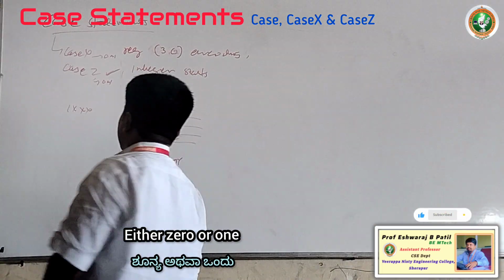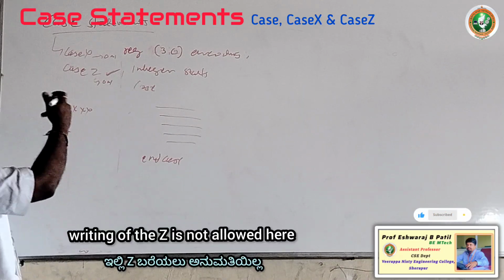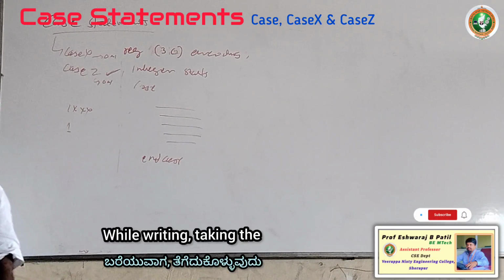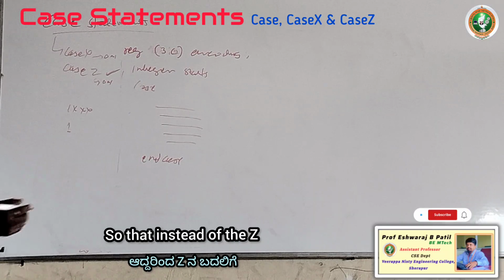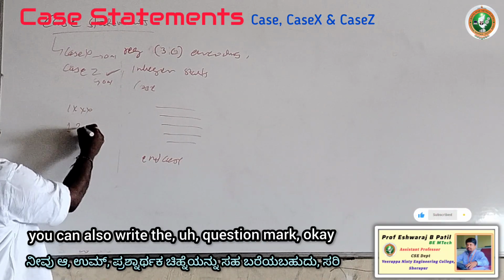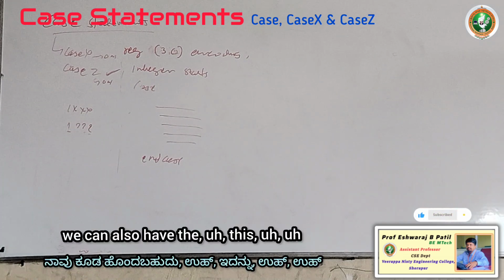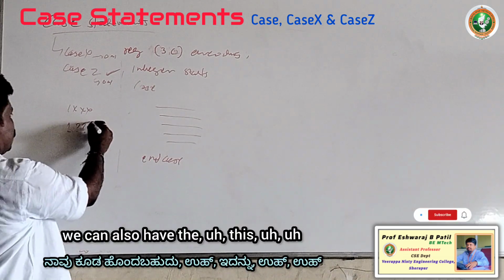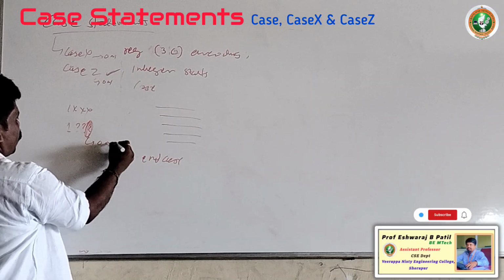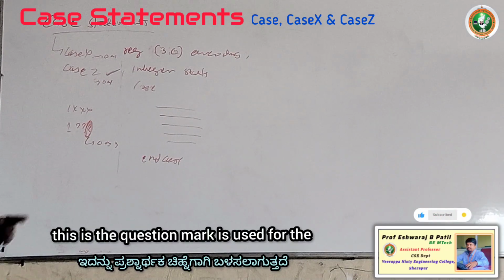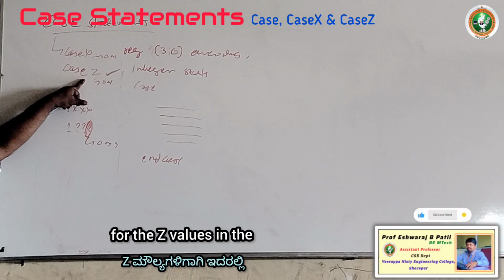Similarly, writing of Z is not allowed here while taking the values. So instead of Z, you can write the question mark. A question mark is allowed, and it can also have the two values 0 or 1. It means the question mark replaces the Z values in the variable.